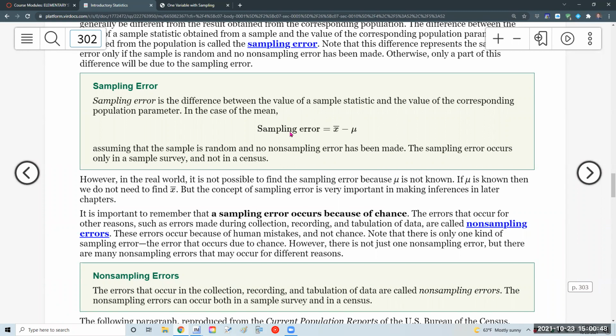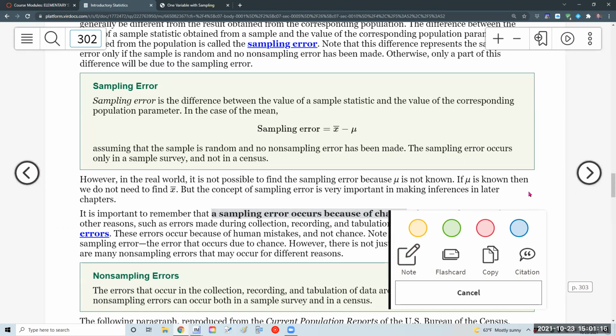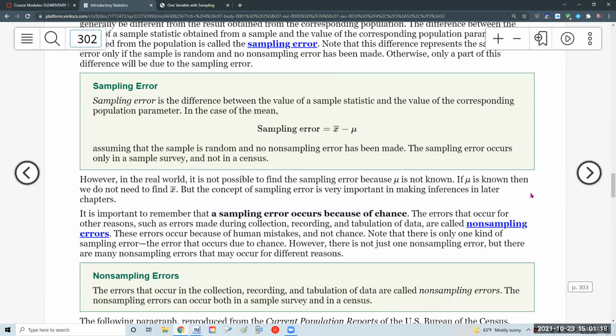If you compare a sample mean to the population mean, it's very unlikely that any one of them will be equal to the population mean. There's always going to be some sort of estimation error, because your sample won't be 100% reflective of the population. So sampling error occurs because of chance, the randomness of selecting a smaller subset of the population.